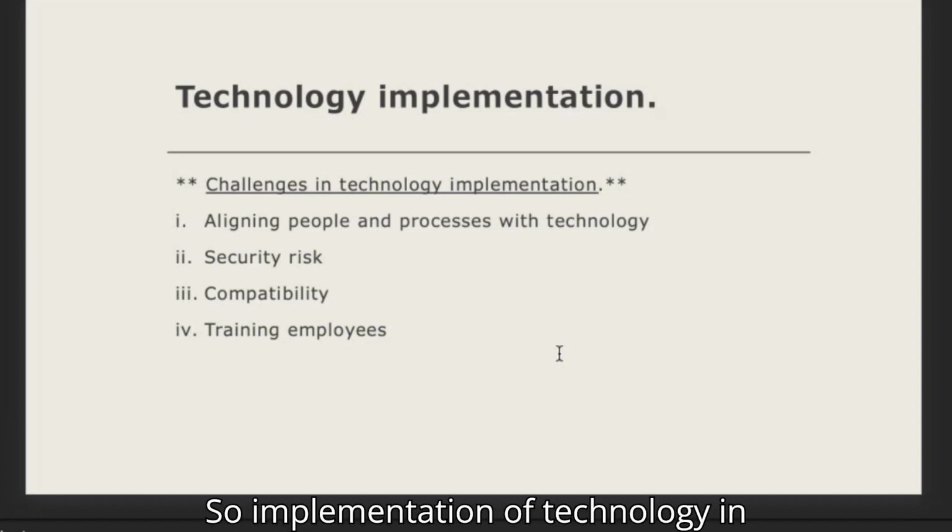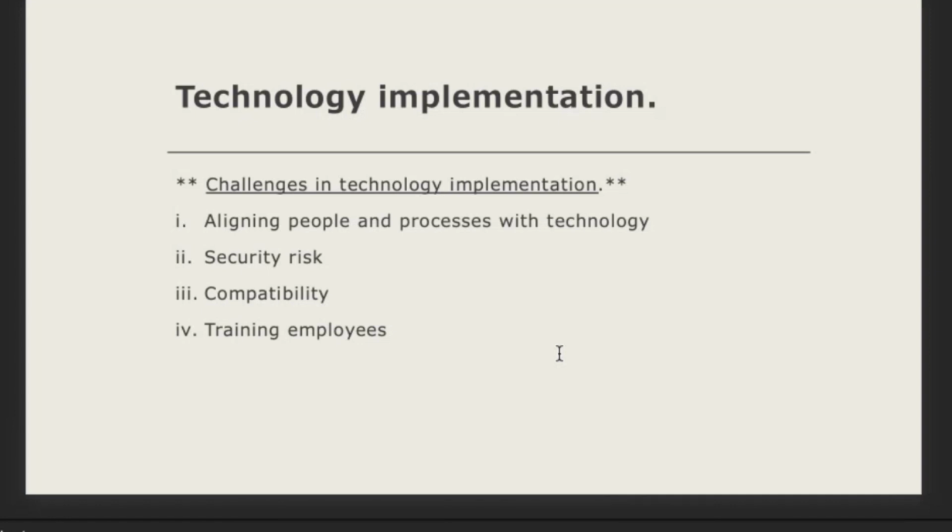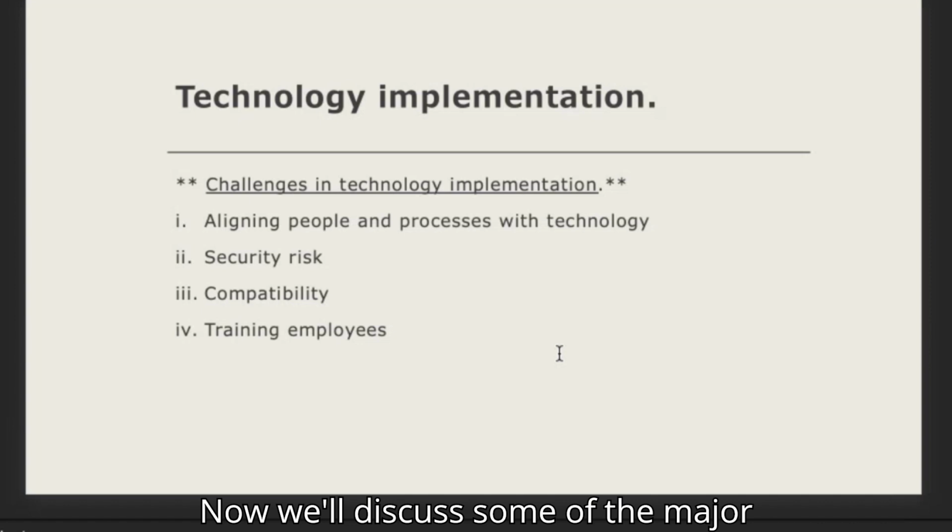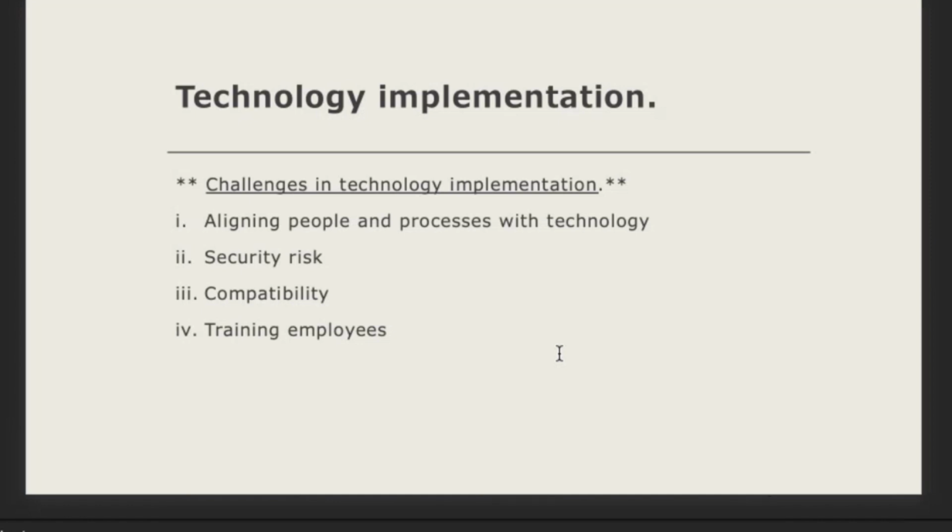Implementation of technology in an enterprise is a crucial phase and it involves a lot of challenges. Now we will discuss some of the major challenges faced by the organization during the course of implementation of technology.